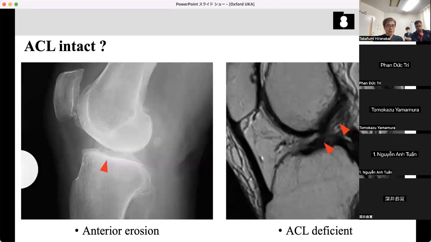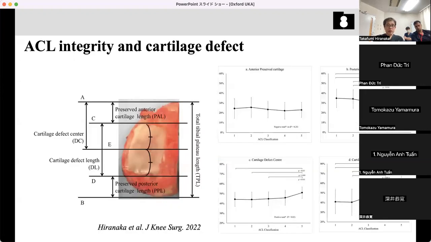But sometimes an ACL tear can be masked for several reasons. As a result, even if a patient has anterior erosion, the MRI in fact shows an ACL deficiency. There are several causes, but generally ACL integrity, ACL normality, and cartilage defect have a tight relationship.